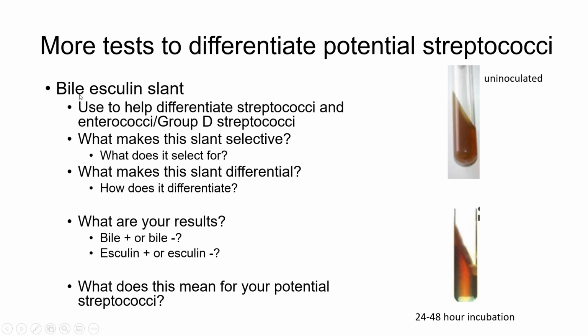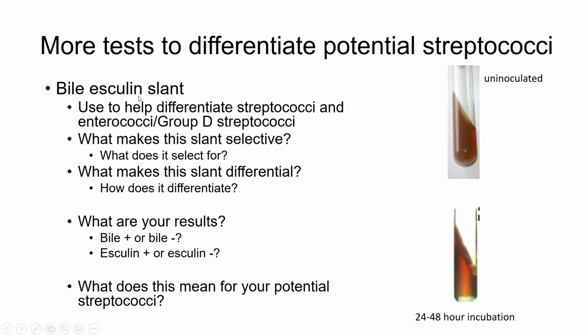And bile is kind of a nasty secretion of the human body. And only very few organisms can grow with bile present. And so if the organism can grow, then it's positive for the bile test portion of this.